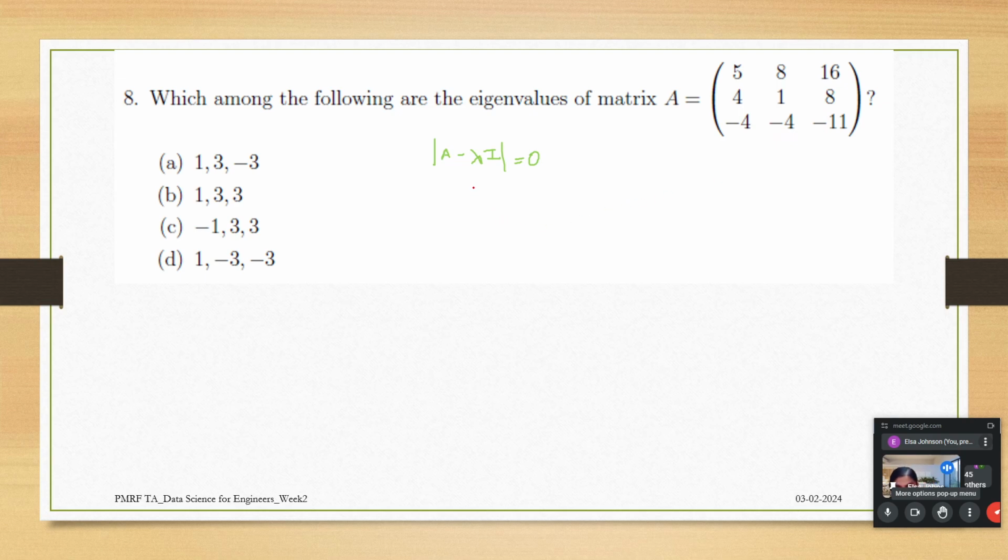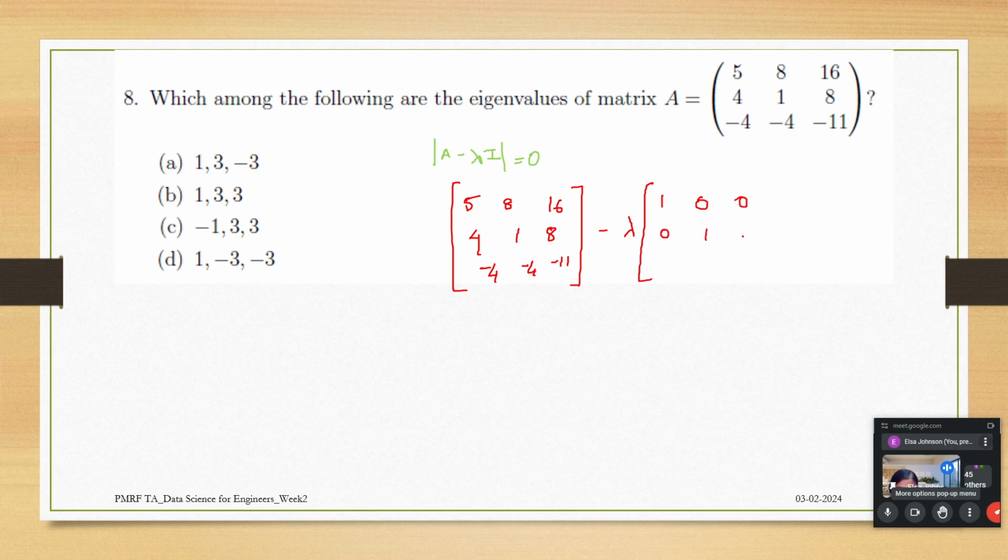Since your exam is going to be a written exam, here you have to put 5 8 16, 4 1 8 and -4 -4 -11. One person has already put D, minus lambda into I you have to put here. So I here will be 1 0 0, 0 1 0, 0 0 1.